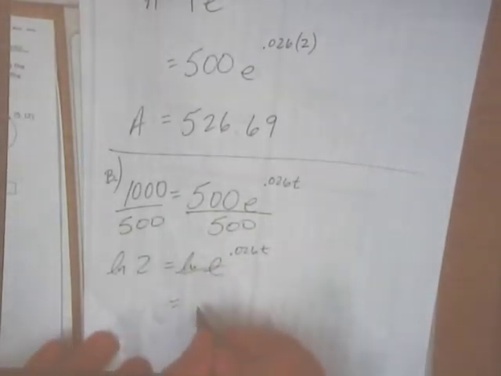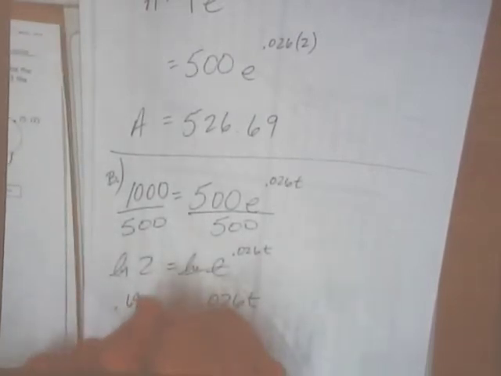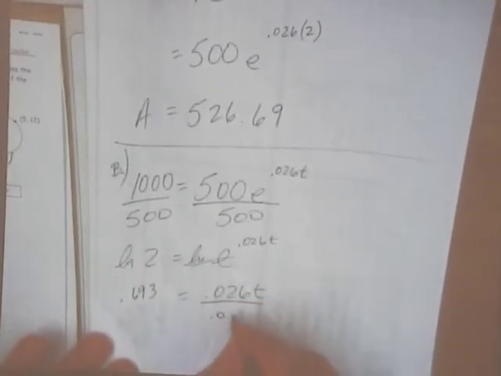So those cancel out. I'm left with 0.026t and natural log of 2. 0.693. Divide.